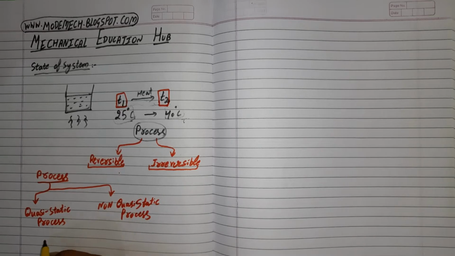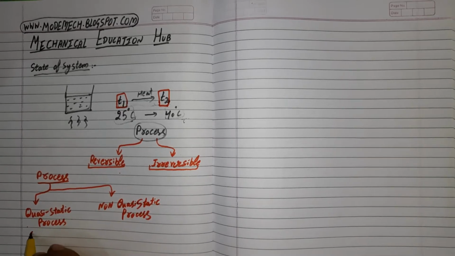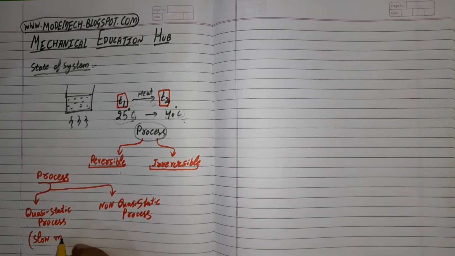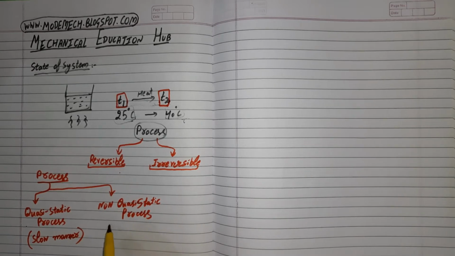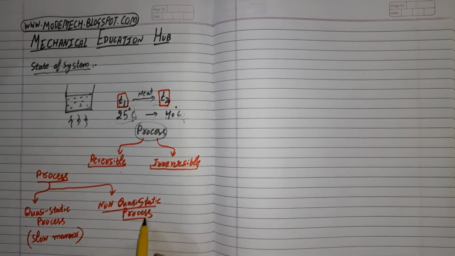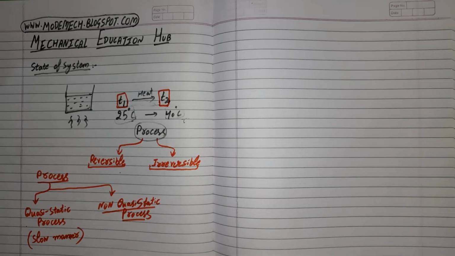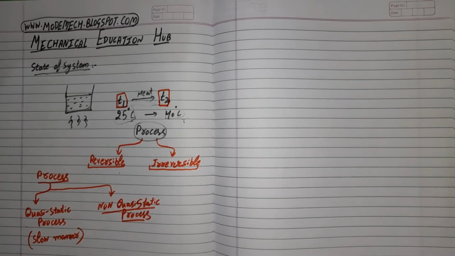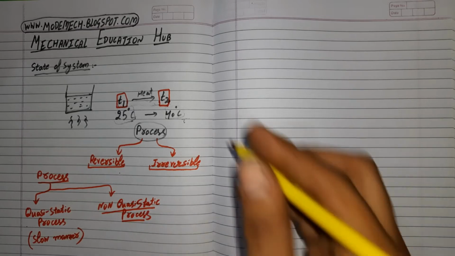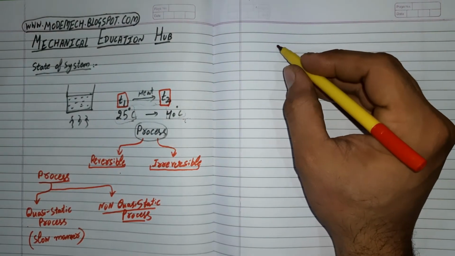A process is said to be a quasi-static process if it takes place in a very slow manner. Otherwise it will be a non-quasi-static process. Now let's have a detailed discussion over the quasi-static and non-quasi-static processes.